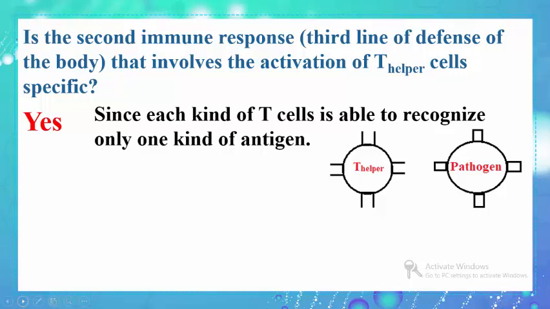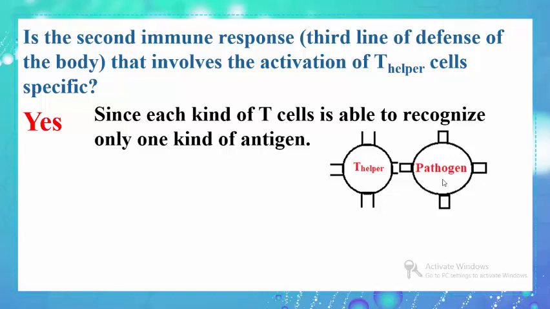For example, here we have a T helper cell presenting on its membrane a rectangular receptor, and the pathogen presents a rectangular antigen. If we observe clearly, there is complementarity between this receptor and this antigen. Thus, of course, they will fit together like the key and the lock.